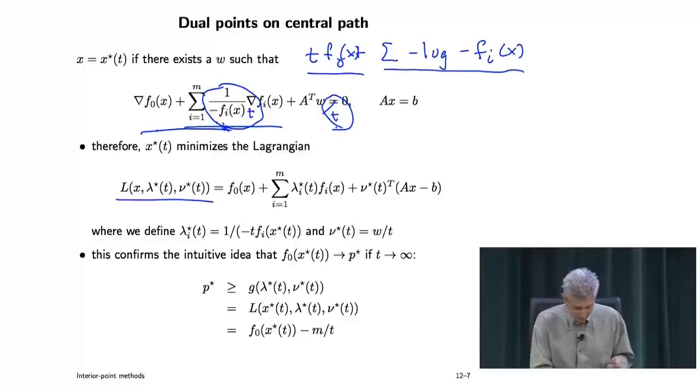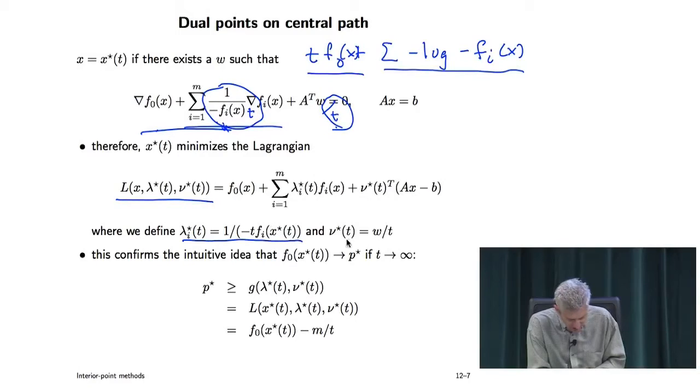Well, if you have a dual feasible point, you should have a strong urge to do the following. You should think, that gives me a lower bound on the optimal value of the problem. So let's evaluate the lower bound. Let's find out what it is. So we'll take this dual feasible pair, and let's work. It says simply that that's dual feasible. Well, this is true even if it's not dual feasible.